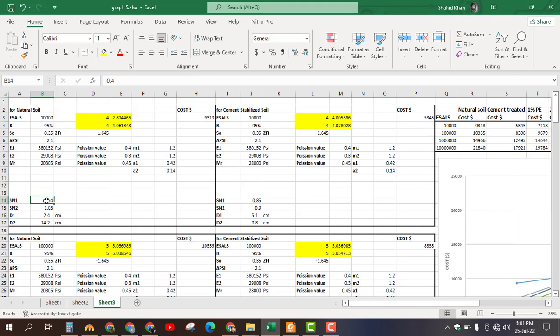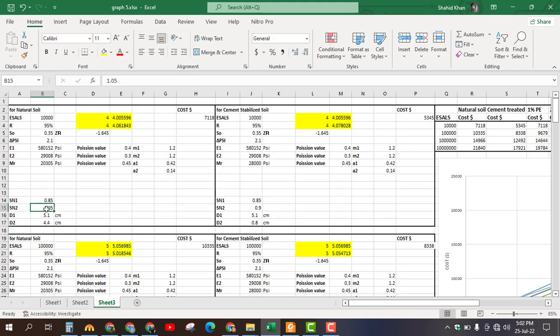This is less, so we will increase this structure number from 0.4 to 0.7. It becomes 3.6. Now again increasing from 0.7 to 0.85, if we make it 0.85, then it will become 4.00. So now the left hand side and right hand side are both equal, so the structure number calculated is 0.85.